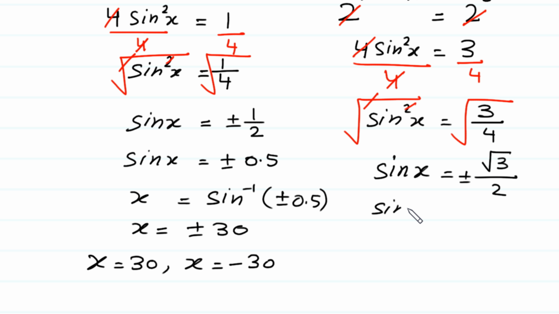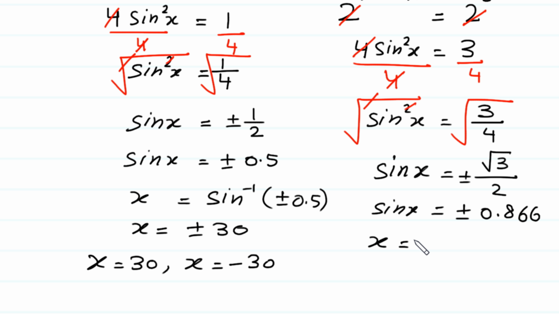Next, sine x is equal to plus minus square root of 3 divided by 2 is 0.866. Now we shift this sine to the right side. It becomes sine inverse.